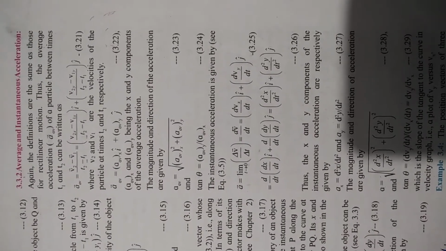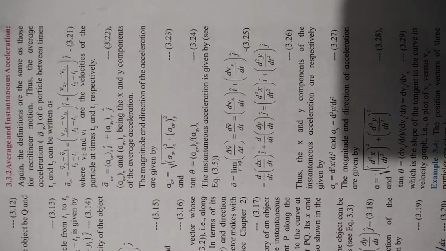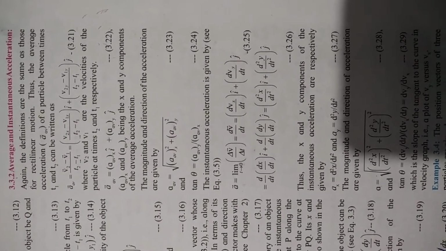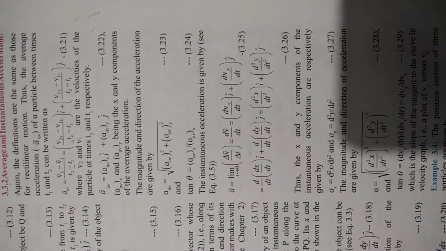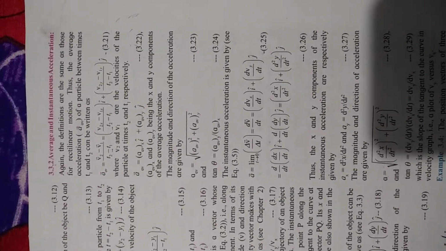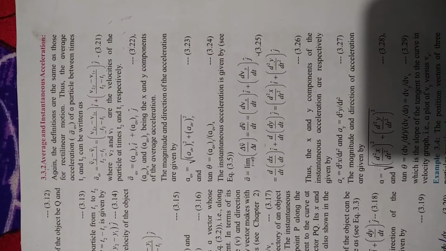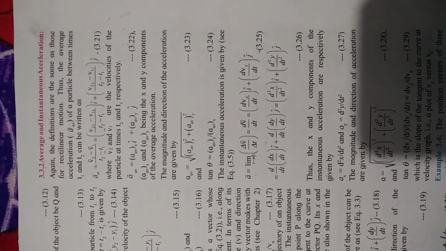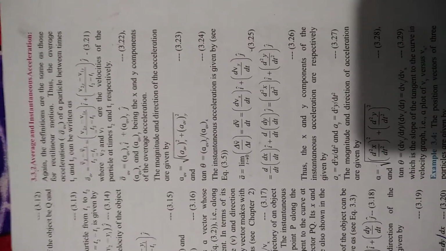So the magnitude of acceleration is given by under root of A average x square plus A average y square. And the direction is given by tan theta is equal to A average y divided by A average x, theta equal to tan inverse of A average y upon A average x.